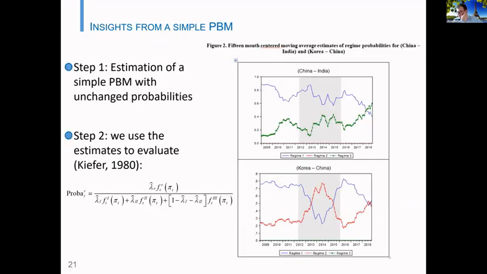the model, we first estimated the simplest parity bound model, assuming unchanged probabilities before and under the sanctions, and we estimate ex post the probabilities of the various regimes. What is interesting is that for some countries, we can compute the probability that a given observation was generated by regime 1, regime 2, or regime 3, and we observe that for the various pairs.